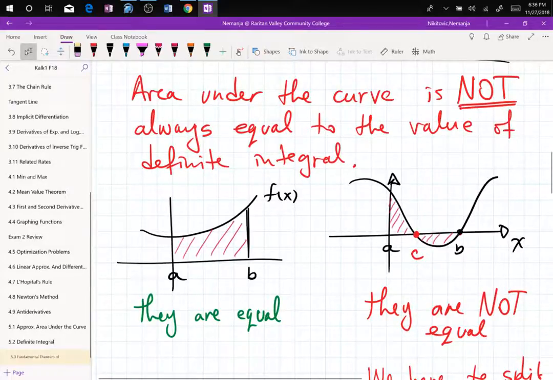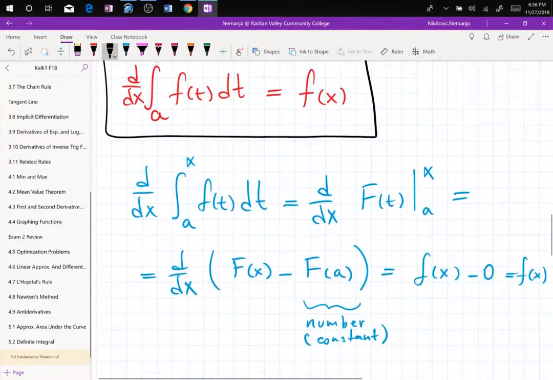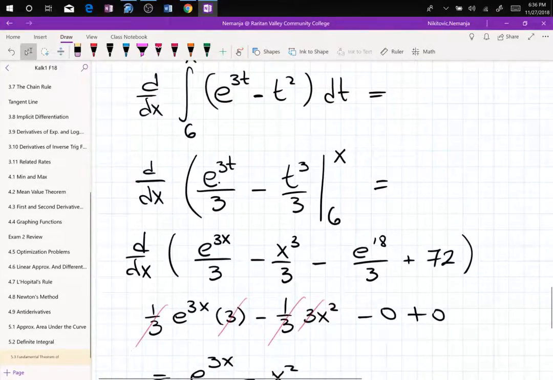Sometimes it is, if all of the function is above the x-axis, and sometimes it's not, when it dips below. Fundamental theorem of calculus part 2. We have derivative of the integral. They technically cancel. You get your original function back. The proof in blue and example over here at the end. Bye.